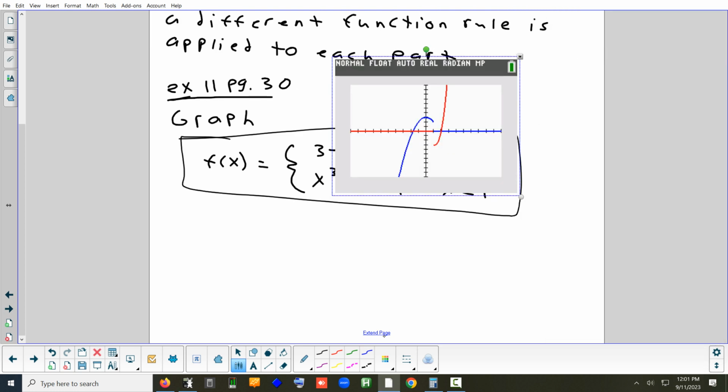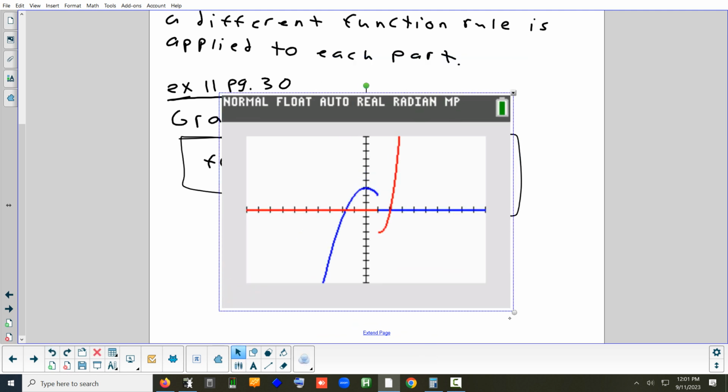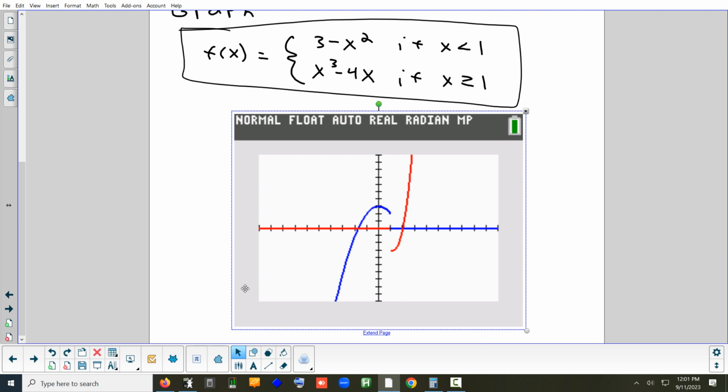Okay, let's look at what we got. So notice the blue one, that's the 3 minus x squared. It looks like a parabola, but all of a sudden it stops. This part that's on the axis shouldn't be there in blue.